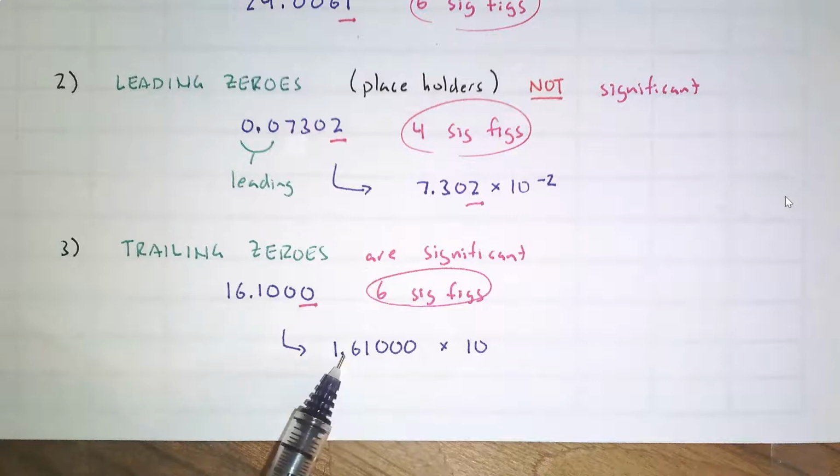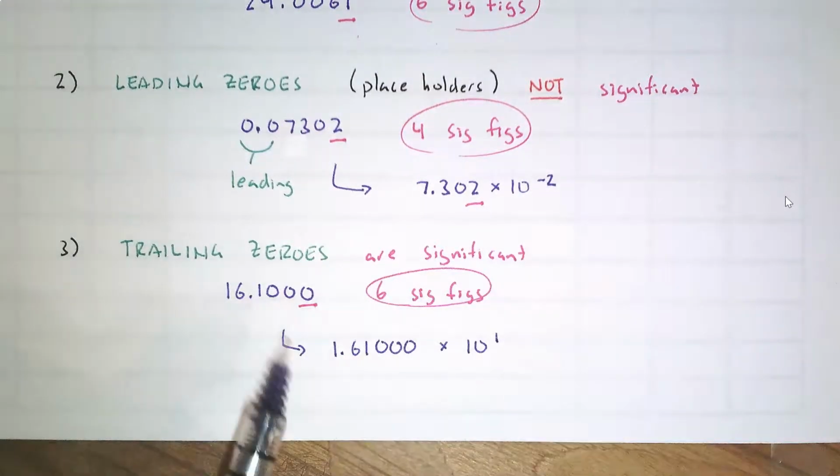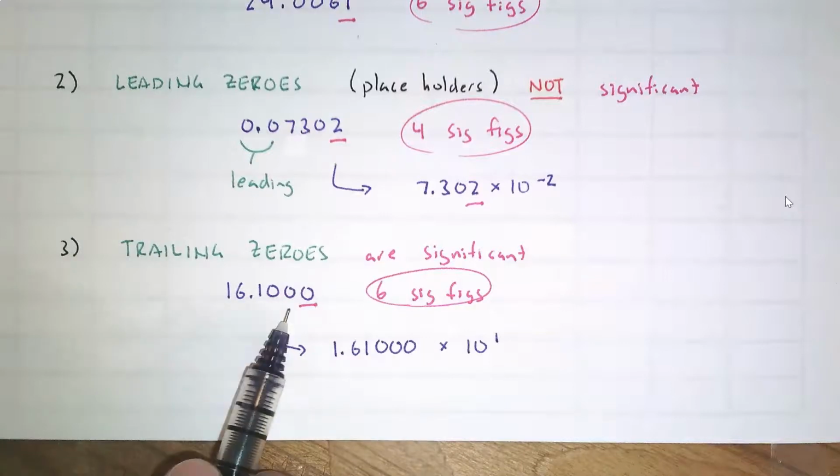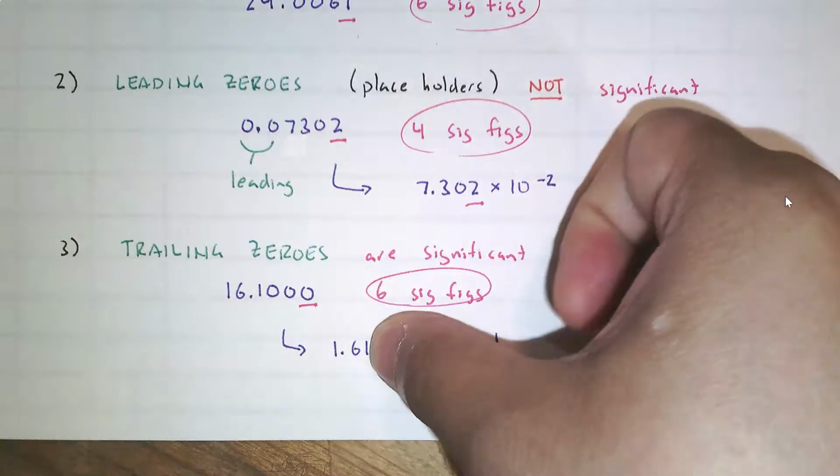So we move it to the right, 10 to the 1. Again, if we know that this is 6 sig figs, when we convert it to scientific notation, we have to indicate that there are 6 significant figures. And this number is more certain than if I had left these out.